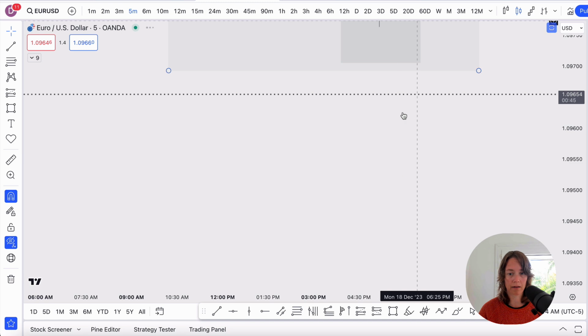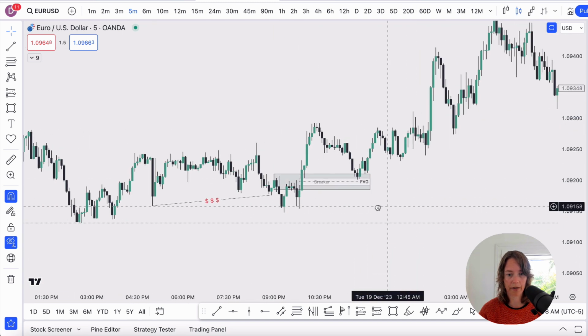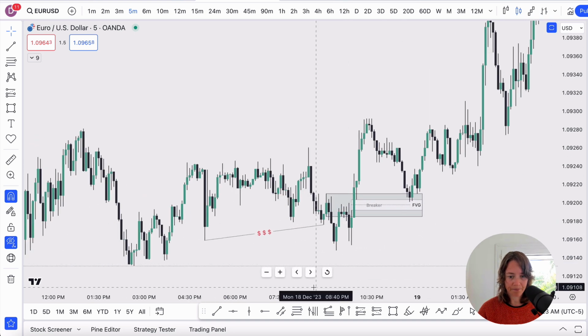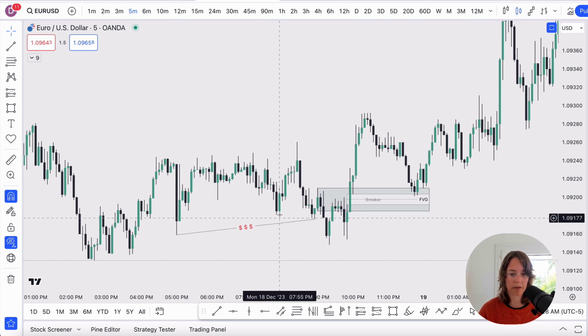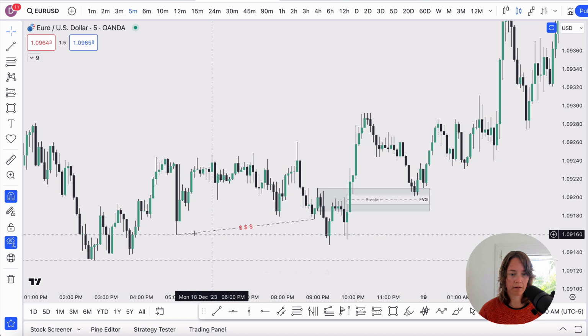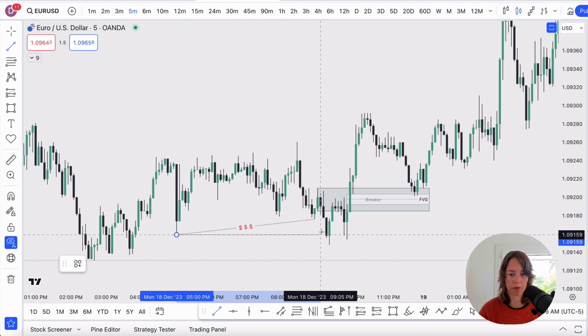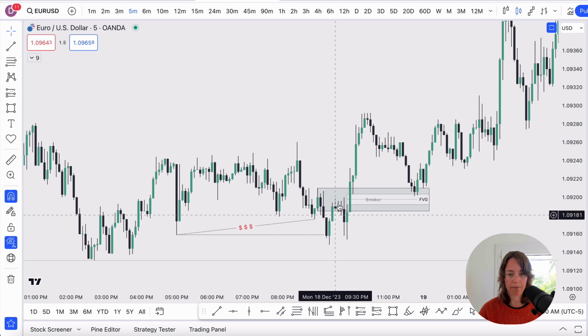So let's take a look at a live model over here. What we see over here is that there was some sell side liquidity over here. Price ran through it to take it. So if we draw a line here, this was a liquidity sweep. Then price started pushing up higher with this candle over here.